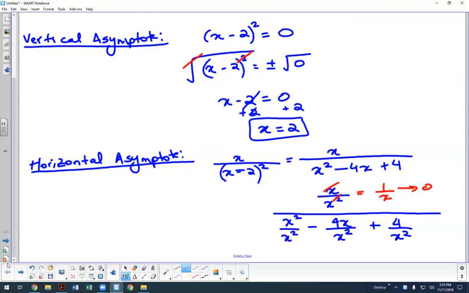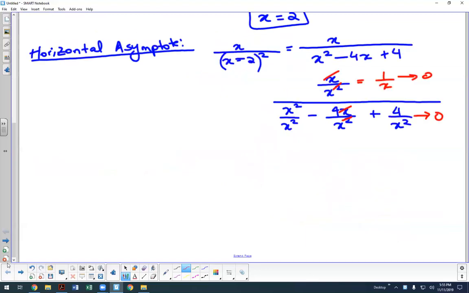And that's the same thing that's going to happen over here with 4 over x squared, this last term on the bottom. It is also going to 0. For that matter, our middle term, one of the x's will again cancel out, leaving us behind with 4 over x. And this 4 over x will also go to 0, which means this is going to 0.